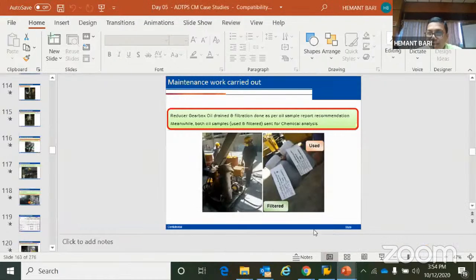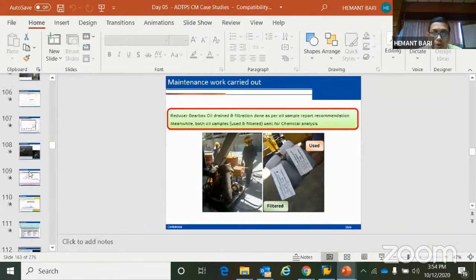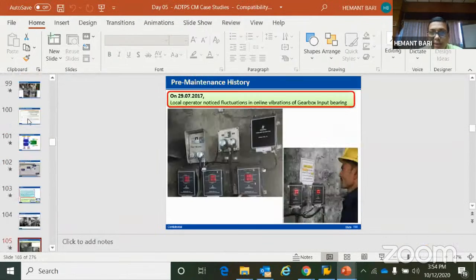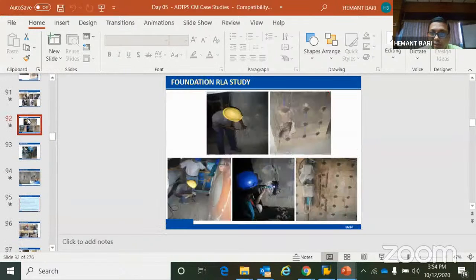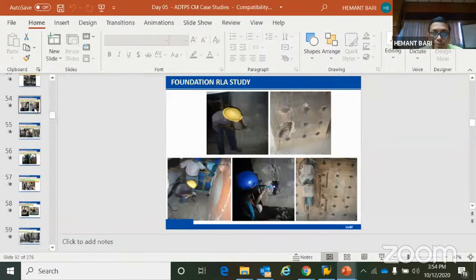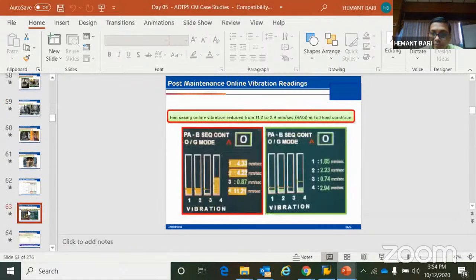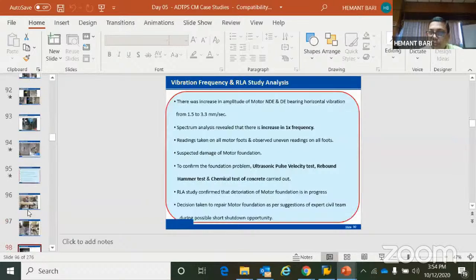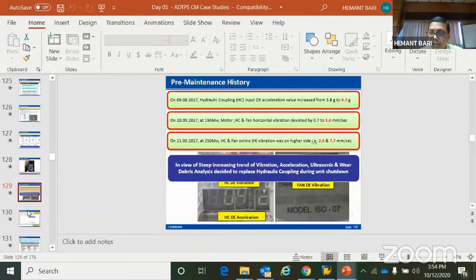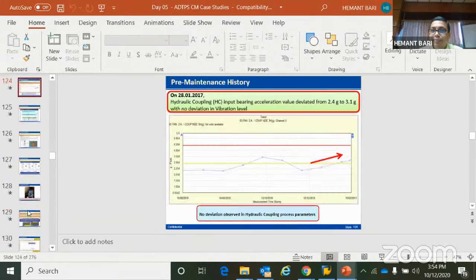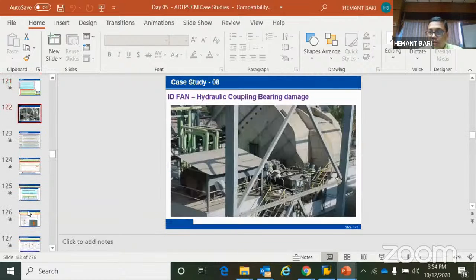Now the last case study I want to show you, that is a coordinated condition monitoring technique. The last one. Yes, this one. Okay.